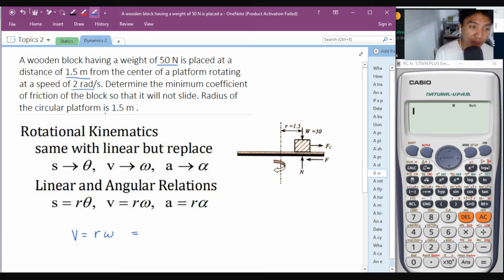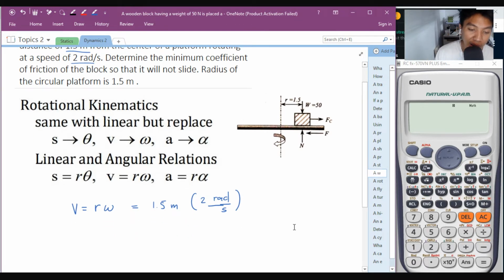Your radius there is 1.5 meters, and the angular speed is 2 radians every second. Radian is not a unit, so you can multiply right away. So this will become, in linear form, 3 meters per second.